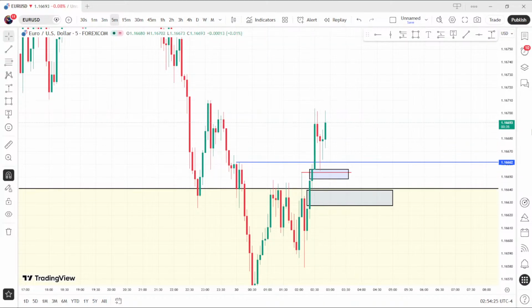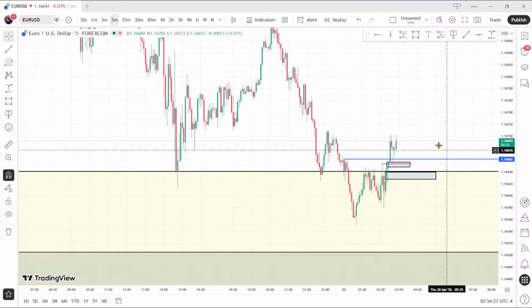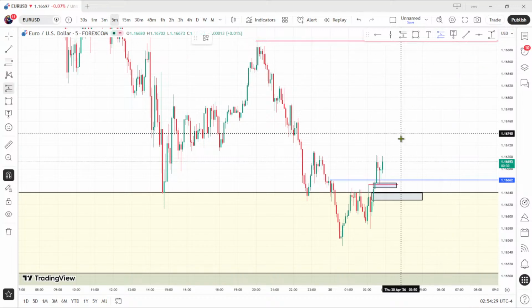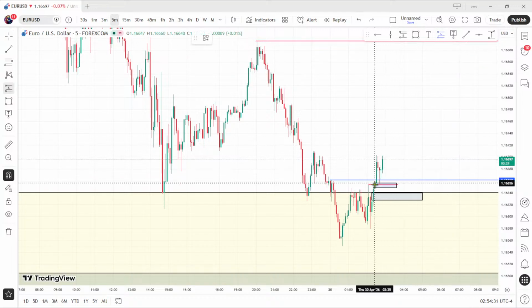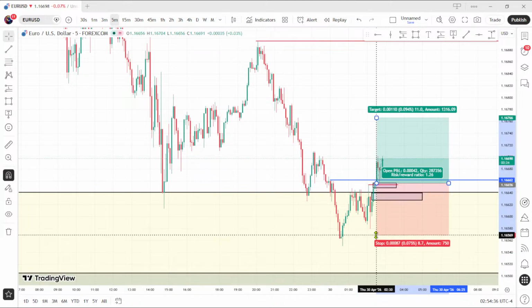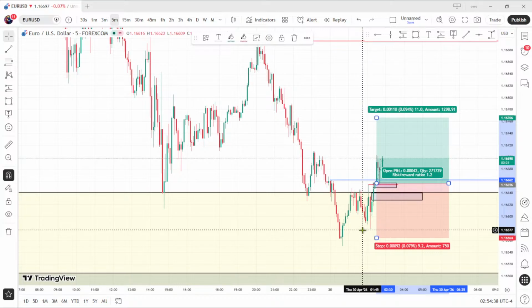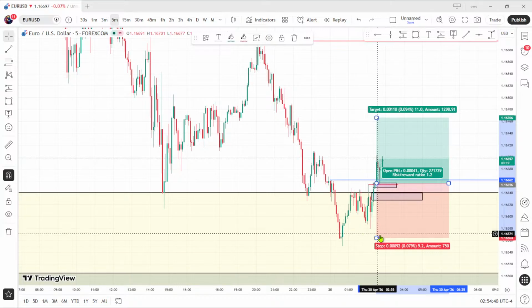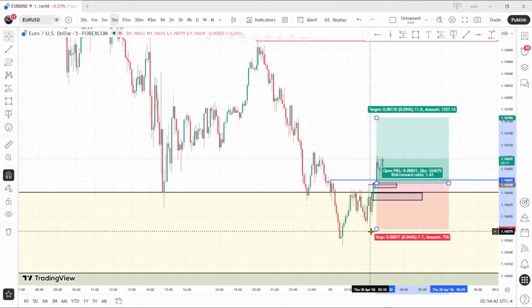Touched it nicely. Now we are going long from there. Stop loss should be around there. I'm not putting it here because this is an SMT. This low should not be broken because it was an SMT.